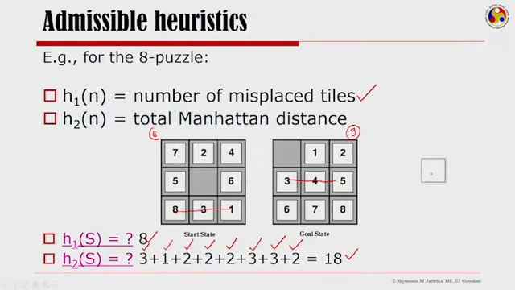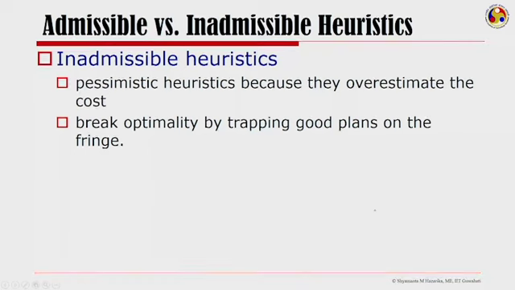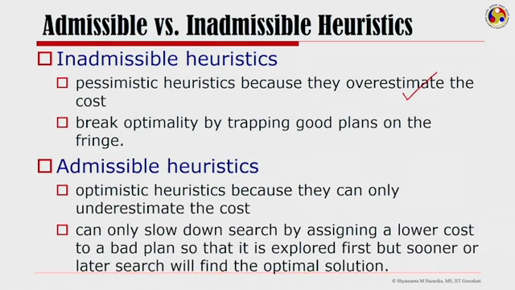Now let us look at what we mean by admissible and inadmissible heuristics. Inadmissible heuristics are pessimistic heuristics. They overestimate the cost. On the other hand, admissible heuristics, as I have been defining, are optimistic heuristics because they underestimate the cost.